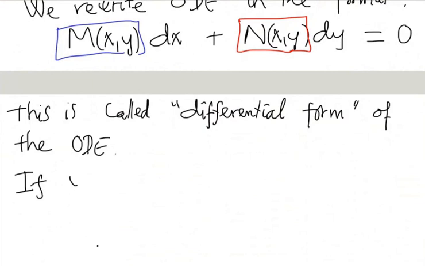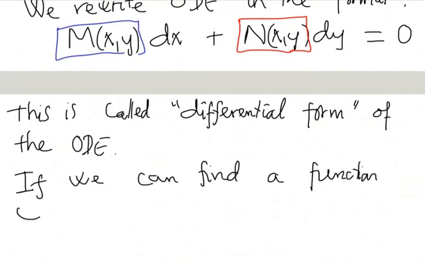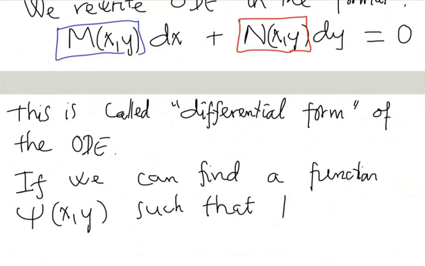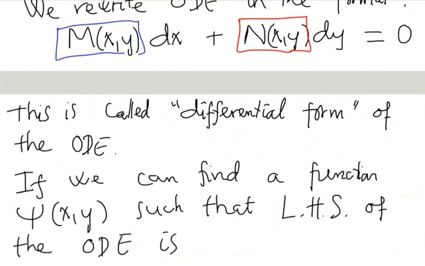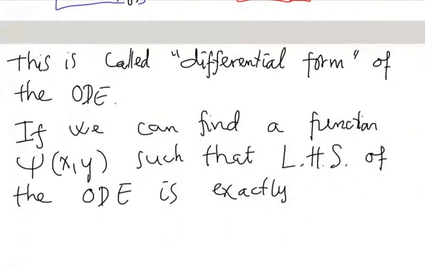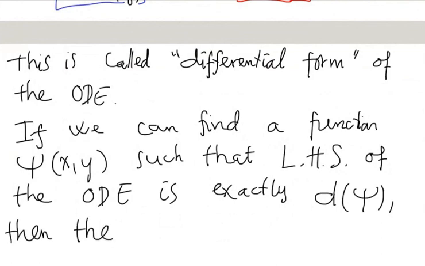So if we can find a function psi of two variables x, y, such that the left hand side of the ODE is exactly the total differential d psi, then the equation is called an exact equation.